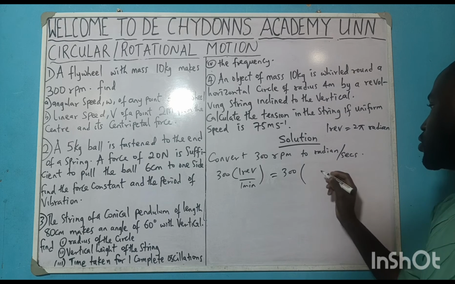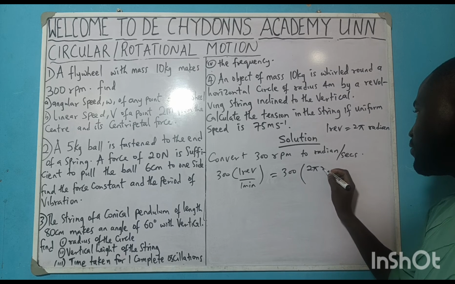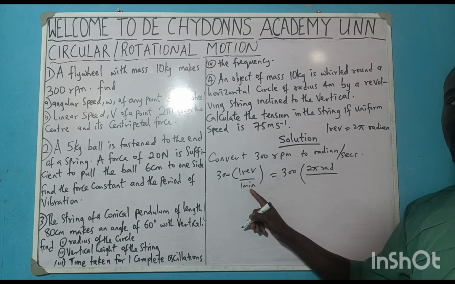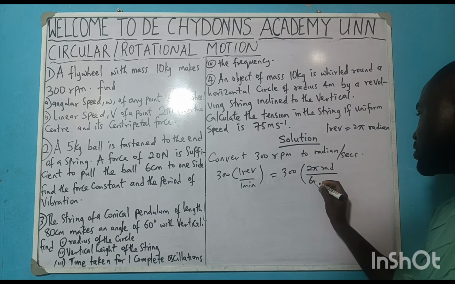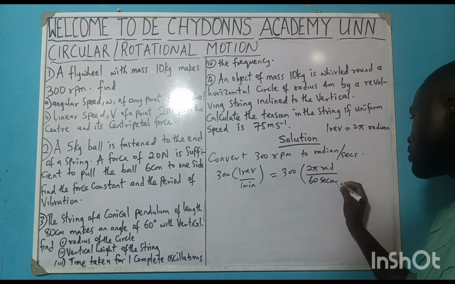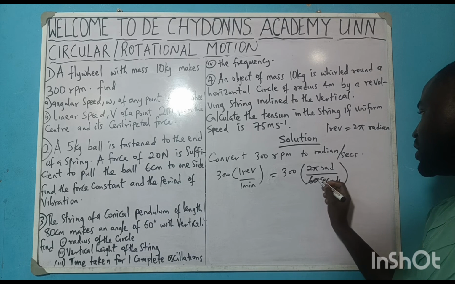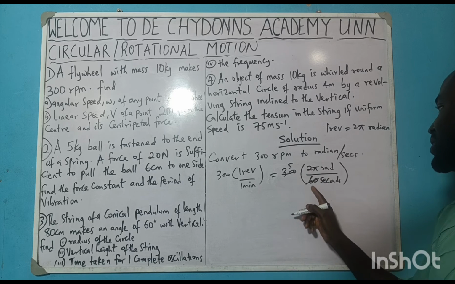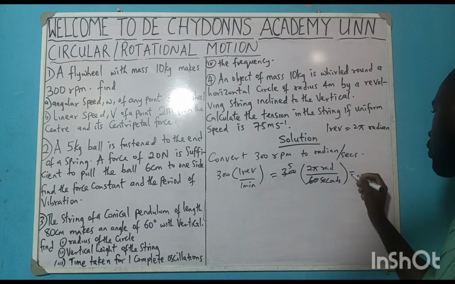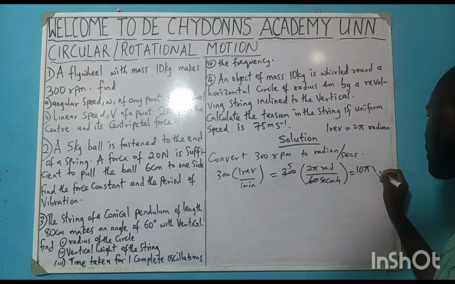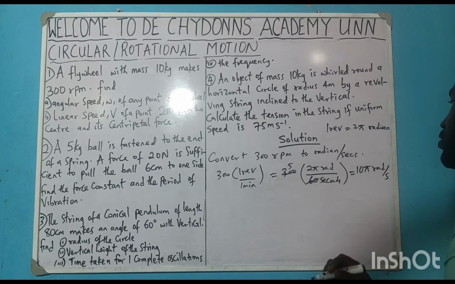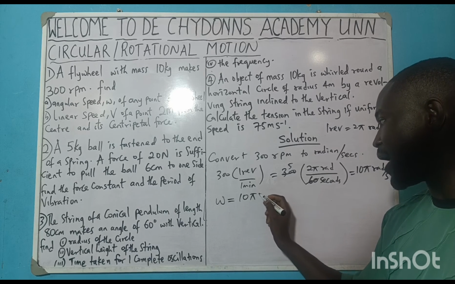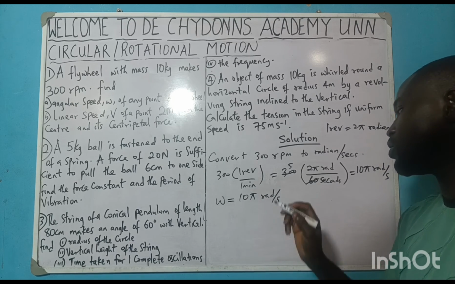So I will be writing 2 pi radian all over 1 minute, which is equivalent to 60 seconds. So I will be having this divided by this. We have 5, because 5 times 60 is 300. 5 times this will give you 10 pi radian per second. So your angular speed W is equal to 10 pi radian per second.